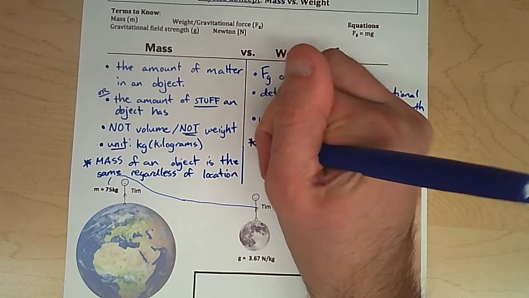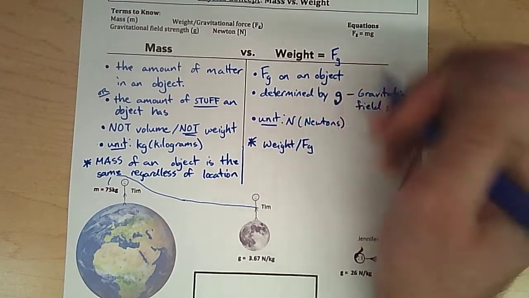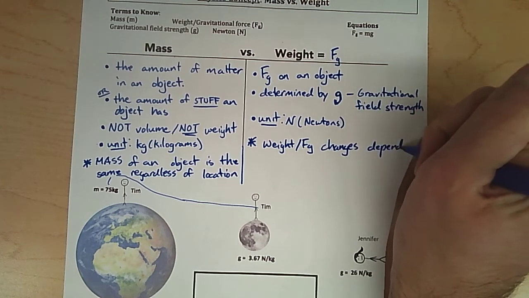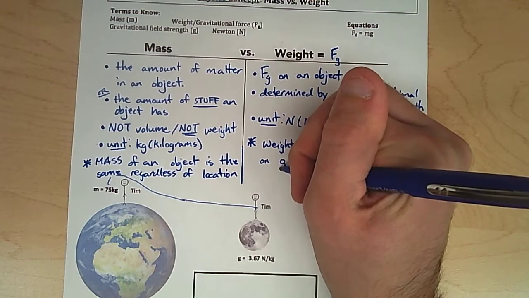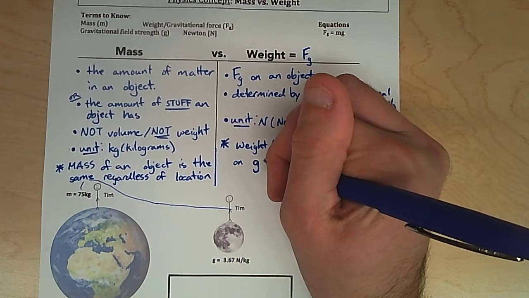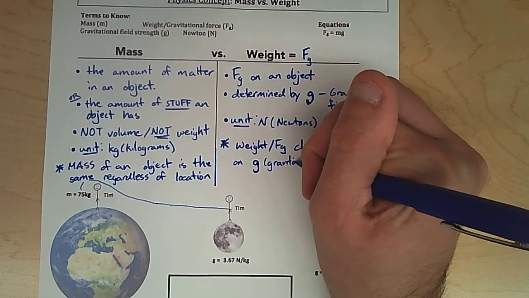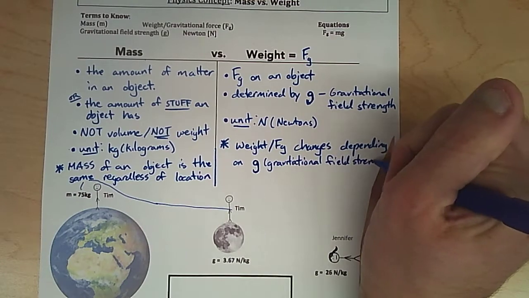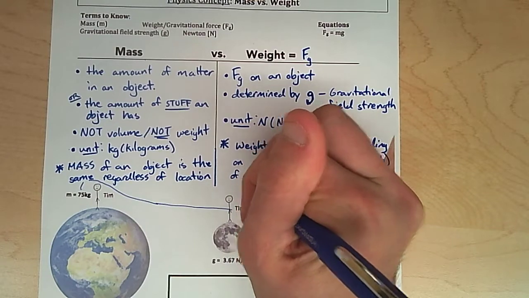But I could say, and I'm going to star this too, that weight, or force of gravity, because they're the same thing, changes depending on g. Remember, g is just the gravitational field strength of each location.